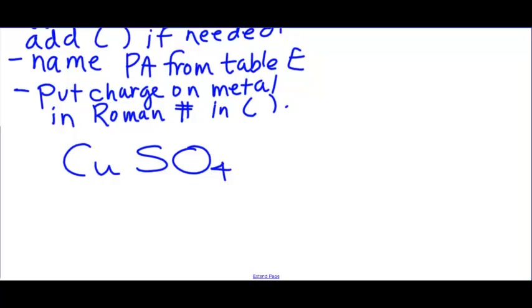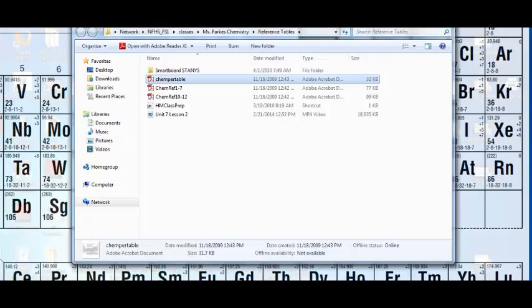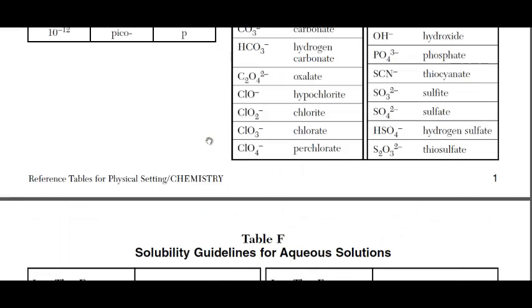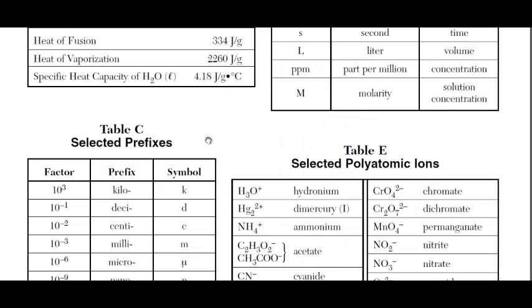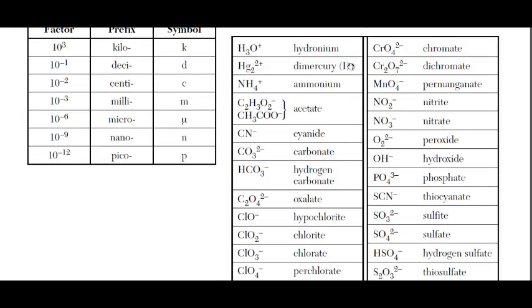And I'll get table E up there for you. Mine's a little different because I have the older table here, but does anybody see any combination of letters that's also in my compound?